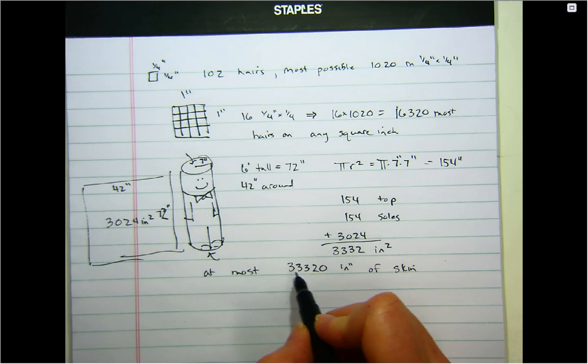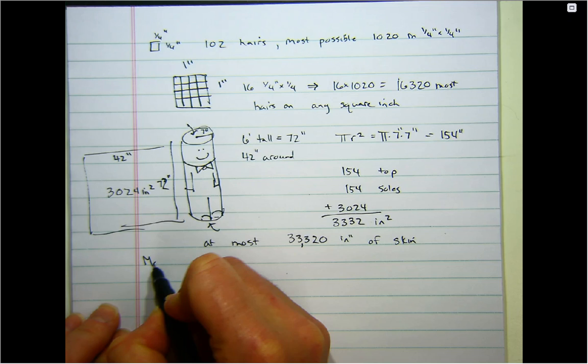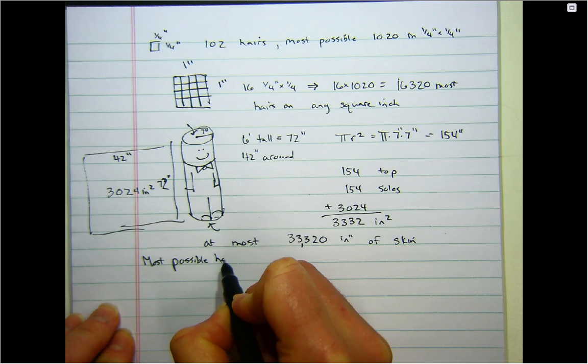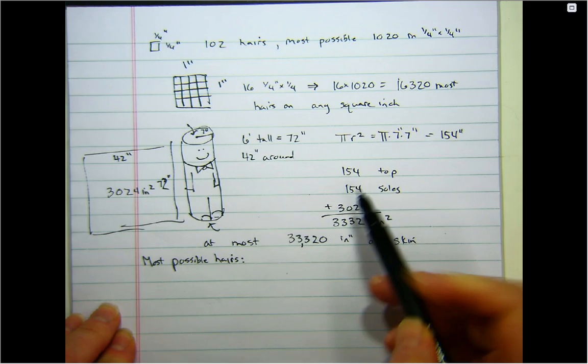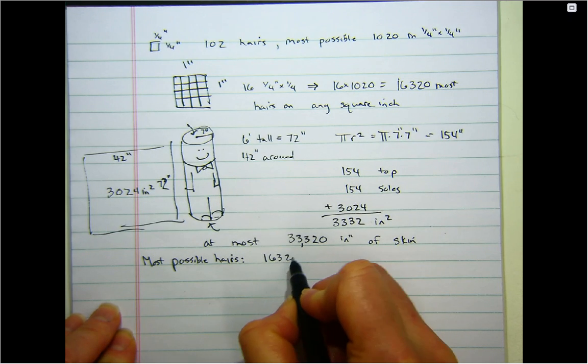Okay, so that's a pretty rough estimate, but we can feel confident that nobody has more square inches of skin than that. If you want to double check, you can go home and do more careful measurements and report back. And nobody has more hairs per square inch than 16,320. So the most possible hair a person could have would be to have these 16,320 hairs on every square inch.